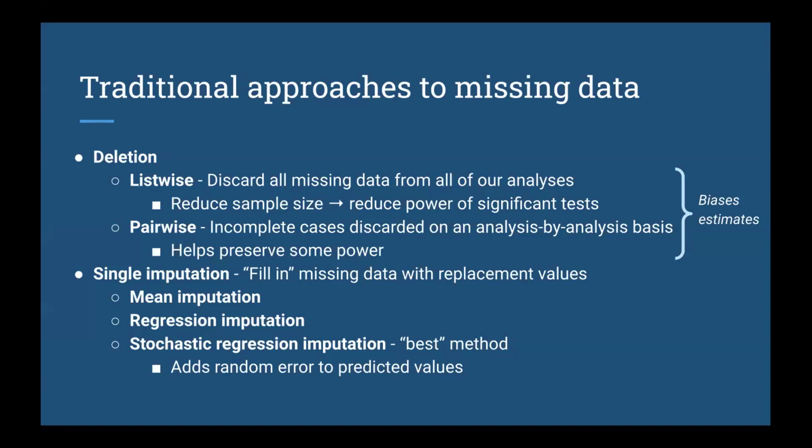This serves as a residual, which adds variability to your data, so you're no longer assuming a 1-to-1 mapping between complete and missing values. This is also bad because it attenuates estimates of correlation and variability. Although these methods deal with missing data, they do so in a pretty naive way and under very strict assumptions.